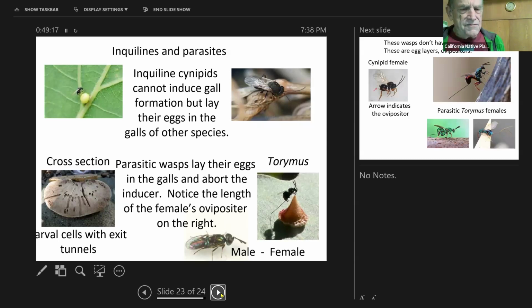Now, after your gall makers come out of the California oak apples, you might be tempted to throw them away. But typically in these galls, there's a whole community of parasites that have come along, not inquilins to live with, but parasites to actually parasitize and kill the things.